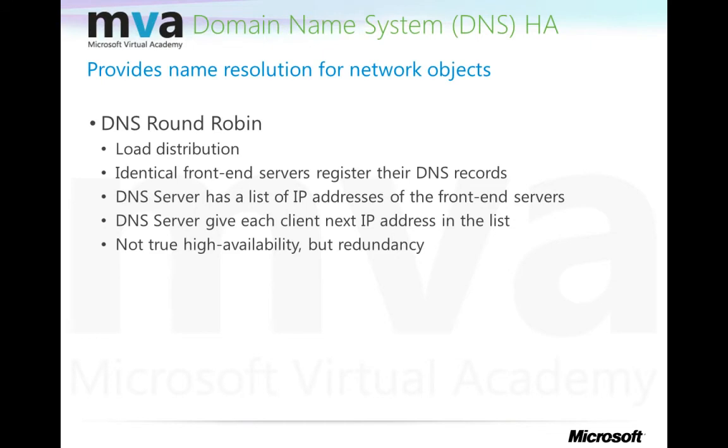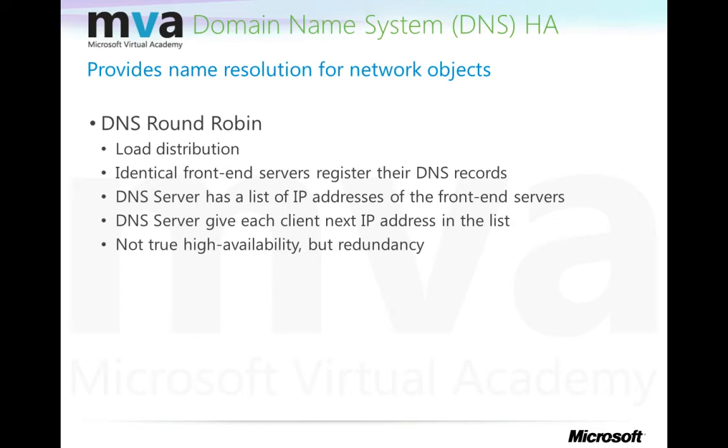As we continue to talk about some of the networking components, we look at Domain Name Services high availability. The primary technology used here is known as DNS round robin. DNS round robin allows you to distribute the load across multiple front-end servers. Let's say, for example, you have 5 front-end servers that support your website.